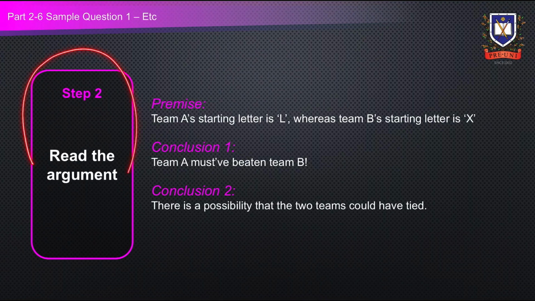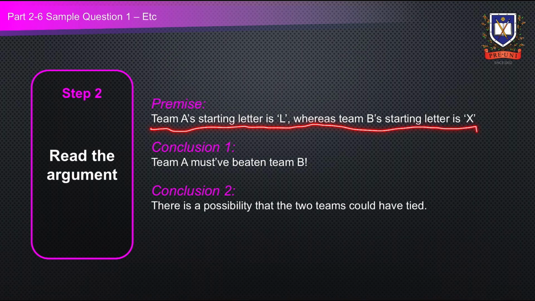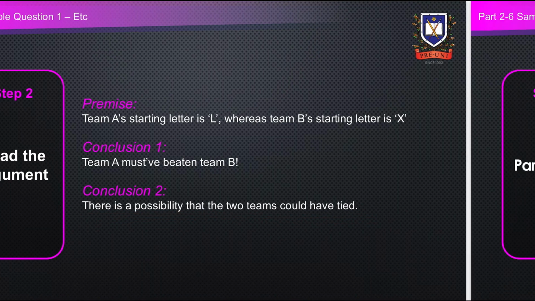Next, we should read the argument and identify the premises and conclusions. The premise is that Team A's starting letter is L, whereas Team B's starting letter is X. Conclusion 1 is that Team A must have beaten Team B. And conclusion 2 is that there is a possibility that the two teams could have tied.